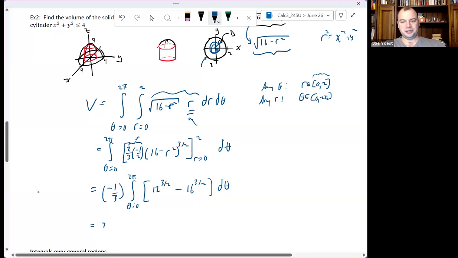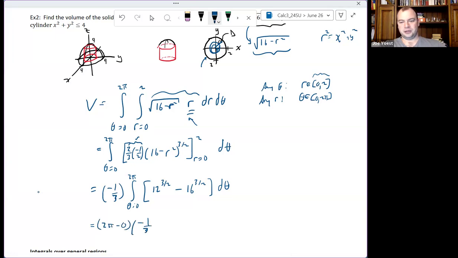This is just 2 pi minus 0 times minus 1/3 times, and we can simplify this a bit. So we want to square root and then cube. So 12 to the 3/2.